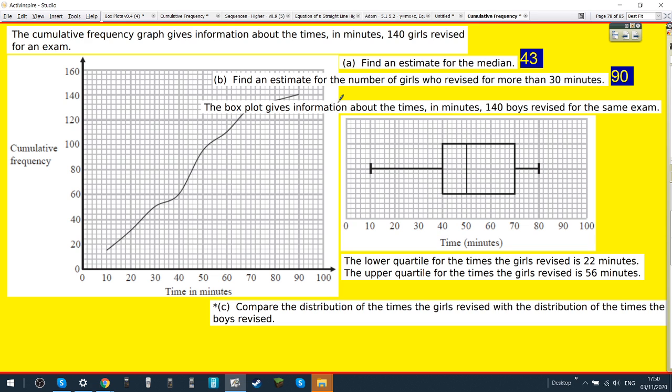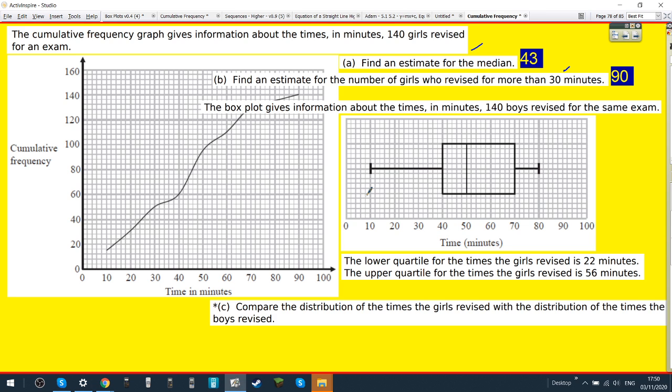So I've done part A. Estimate the median, 43. Oh no, we did it earlier. Revise more than 30 minutes. That was 90. Okay. We did compare the distribution.